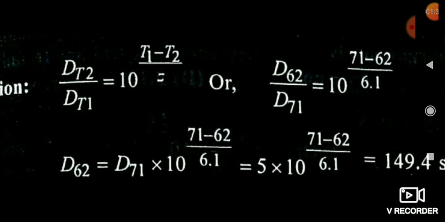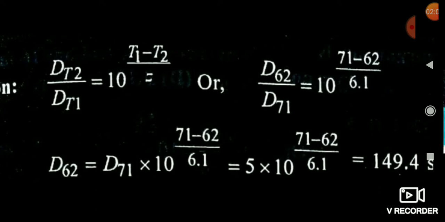Means what is in the denominator, that first term will be written. Means dt1 is in the denominator, so I have written t1 minus t2. And if dt2 is in the denominator, then I will write t2 minus t1. So you have to take care about this only. Remaining all things are easy and you are very easily able to calculate. So you should calculate and you will get your answer.